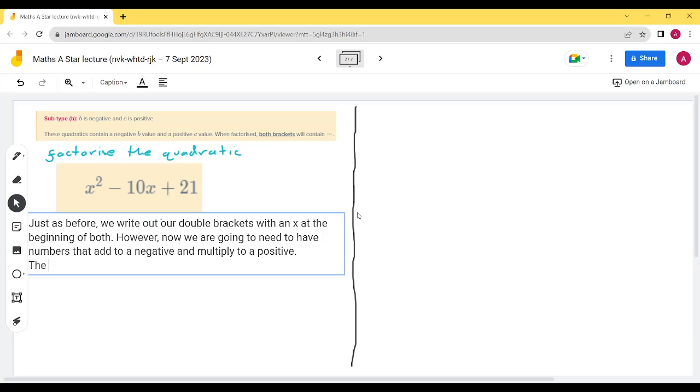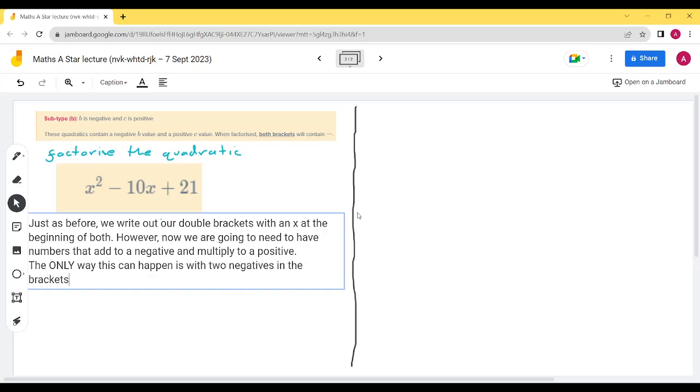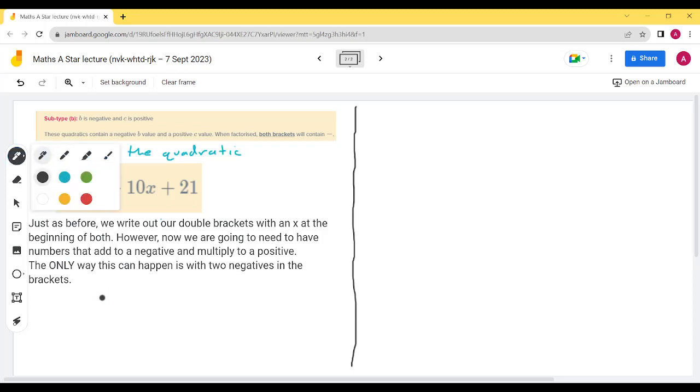And so the only way this can happen is with 2 negatives in the brackets, because remember, a negative times a negative is a positive. So that's all we've got to do here. We put our double brackets out, with an x at the start of our first one, an x at the start of the second one, and now we need a minus and a minus.